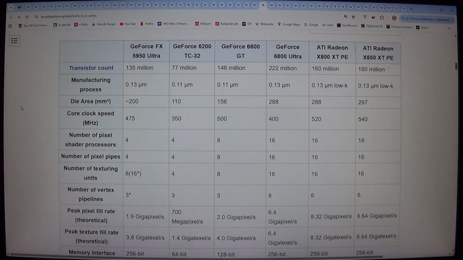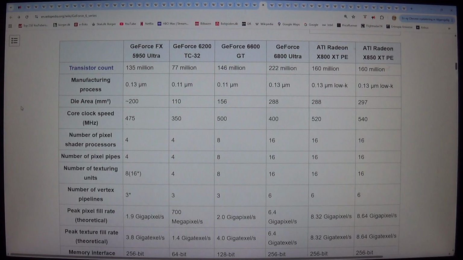GeForce FX 5950 Ultra, GeForce 6200 TC32, GeForce 6600 GT, GeForce 6800 Ultra, ATI Radeon X800 XT PE, ATI Radeon X850 XT PE.